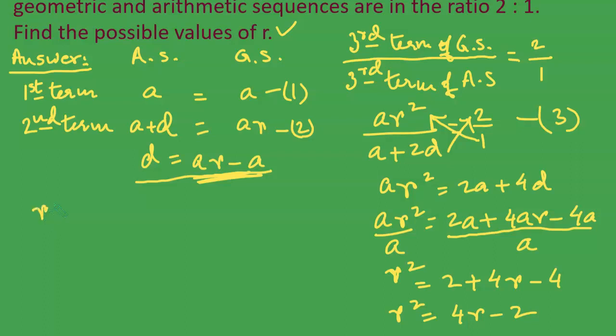Okay, so R square minus 4R plus 2 is equal to 0.